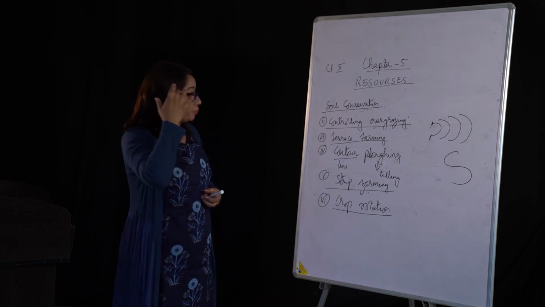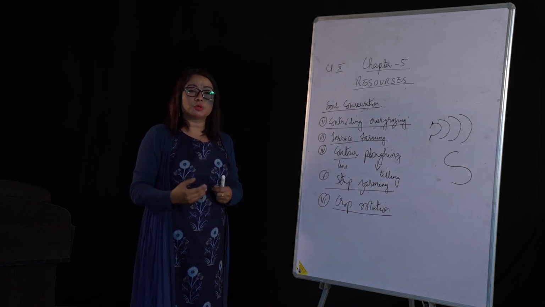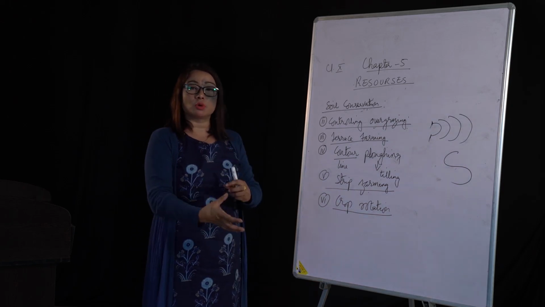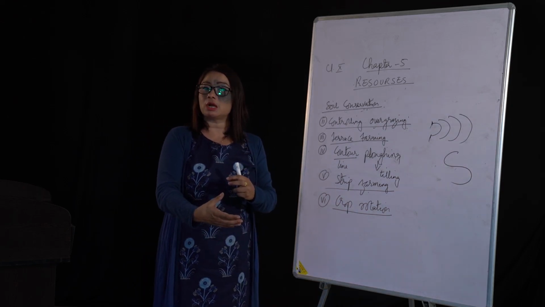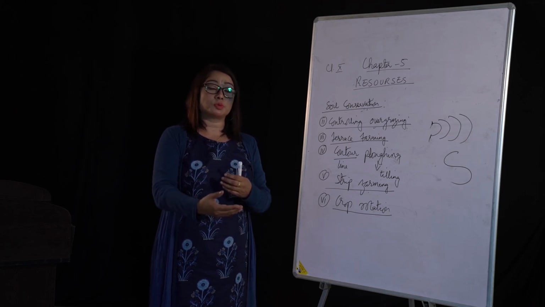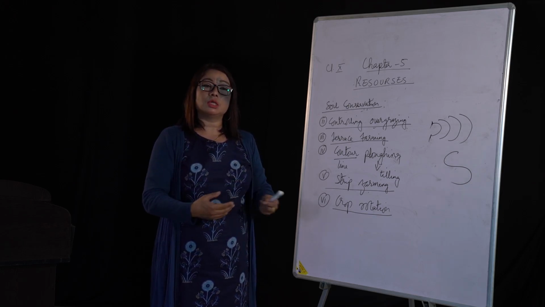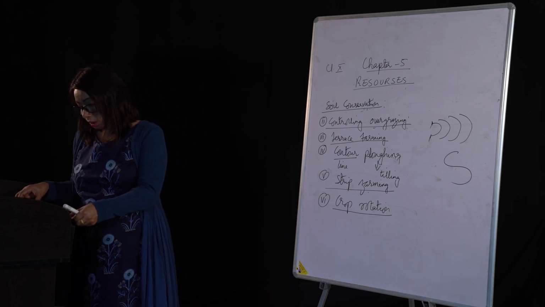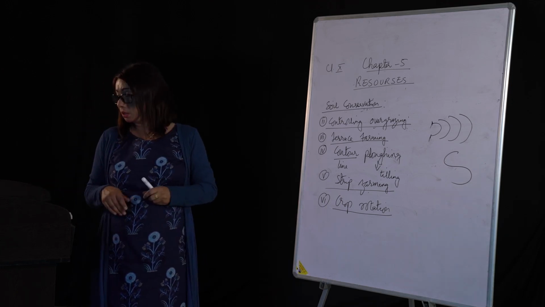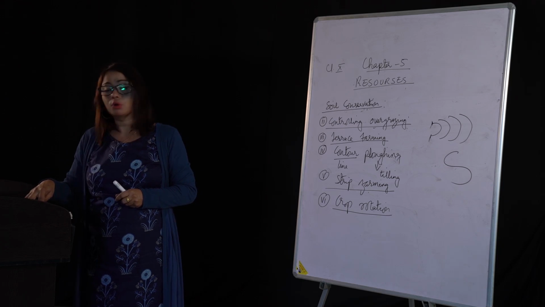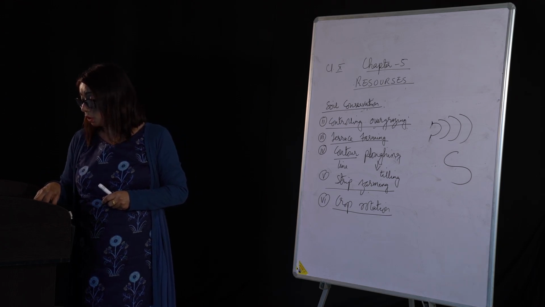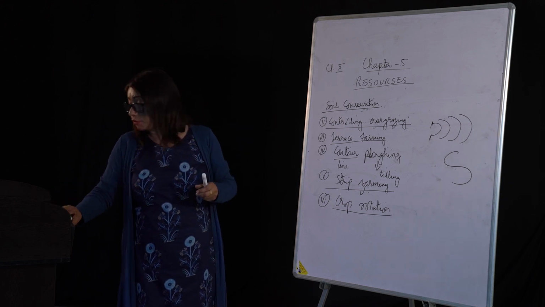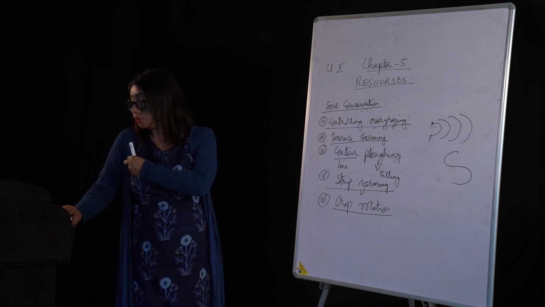So crop rotation means taking turns, planting one type of crop, and after it is harvested, another type of crop, so that the fertility of the soil is maintained. This process prevents the overgrowth of pathogens and also a lack of fertility in the soil. So this is a very good method of conserving the soil.